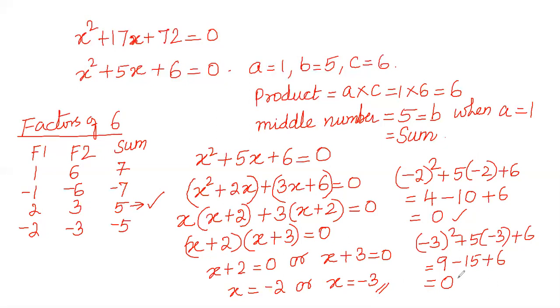For the rest, you don't get the sum. The product and sum should be equal to what you calculated earlier. So you split the middle term of the equation and then you solve it. It's very simple, right?